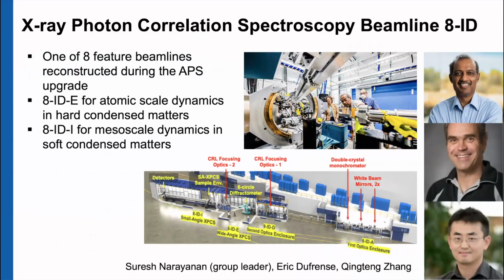So this beamline is one of several feature beamlines that were reconstructed during the APS upgrade. They were actually torn down and rebuilt, and they have gotten better instruments to conduct their science, which really take advantage of the upgraded storage ring. And this beamline specifically is used to study dynamics.